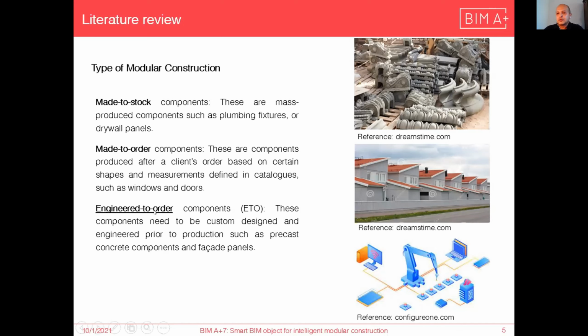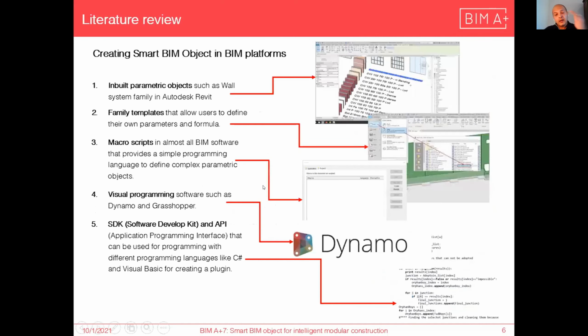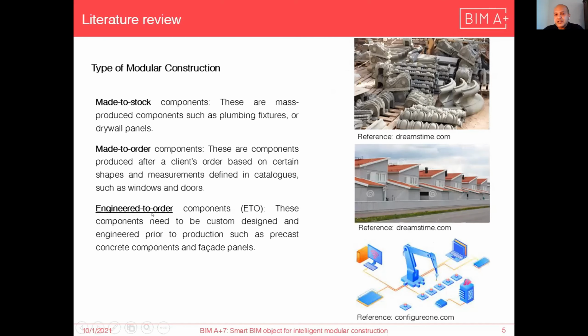It means that you can design the element, order it from a manufacturer or fabricator, and they can produce that element exactly as your design with CNC machines or robots. So our approach is engineer to order, to produce the elements with the ETO approach.